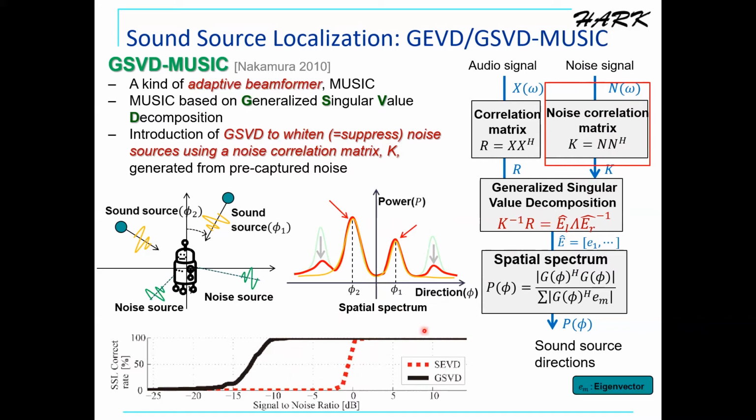In this evaluation, a sound source with a low signal to noise ratio like minus 10 dB can be localized with GEVD or GSVD, while the original MUSIC at most localizes sound sources at 0 dB.